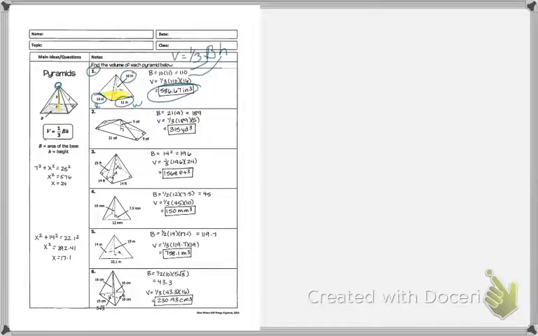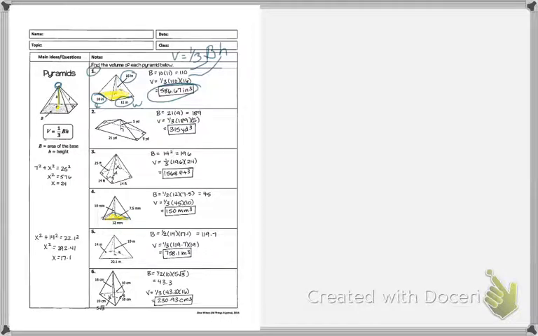Let's go with number 4. Here's your triangular base. We're given the height of the pyramid, so we're here, he will go there. Now, we need to know the area of this triangle.